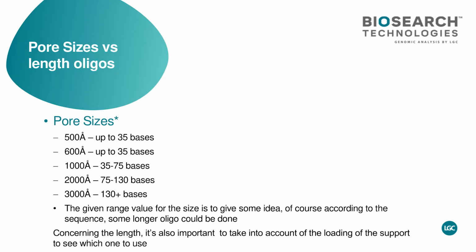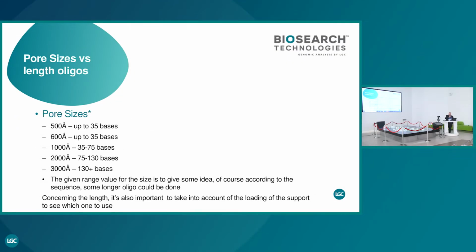Don't think that if you use 1000 angstrom and have 75 bases, after that it dies. It also depends, because a T will be smaller than a G, so if you have a lot of G, it will take more space. So it gives you some idea. When you select your CPG, you have to take into account this pore size, but also the loading of your support.